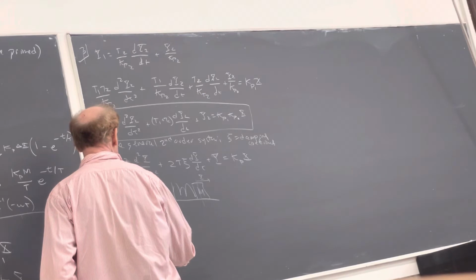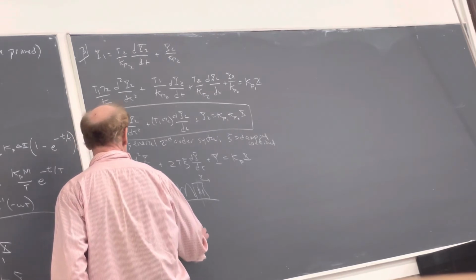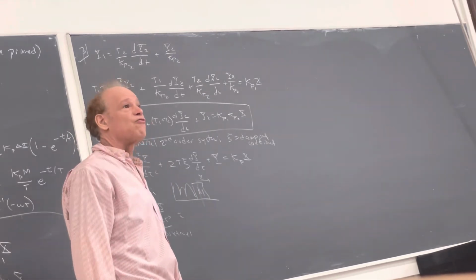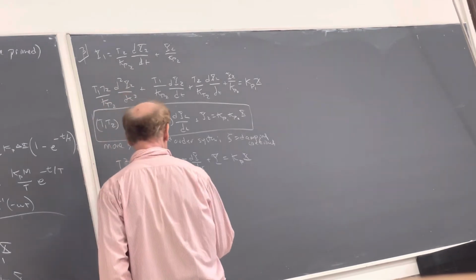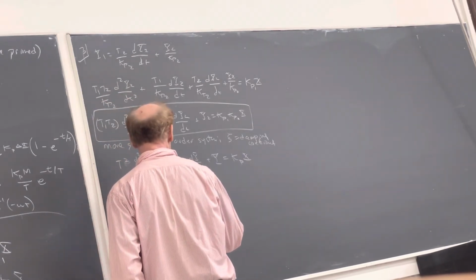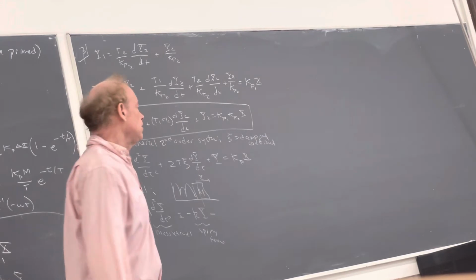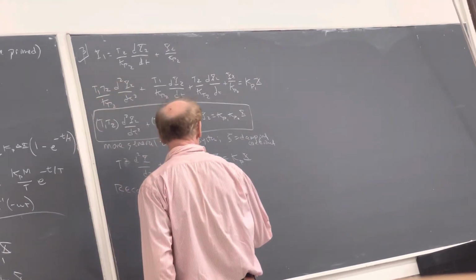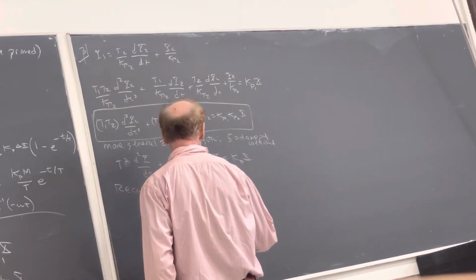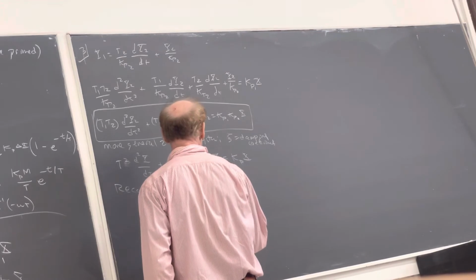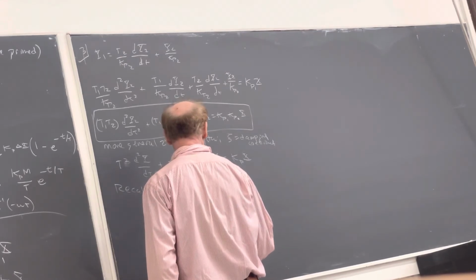Mass times acceleration is equal to the sum of the forces. One force is minus ky, that's the spring force. And then I also have minus b times dy/dt, and I'm going to call it c here. And this is the frictional force.